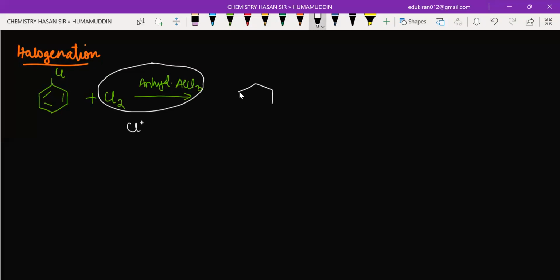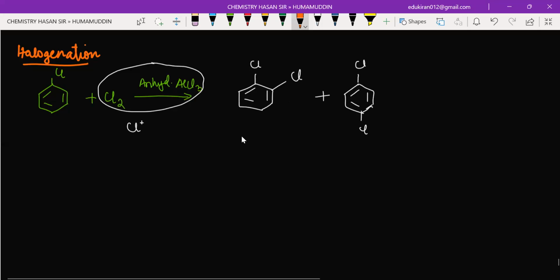So you know that this chlorobenzene has two nucleophilic centers, ortho and para. So basically we can write 1,2-dichlorobenzene, and this is your 1,4-dichlorobenzene.